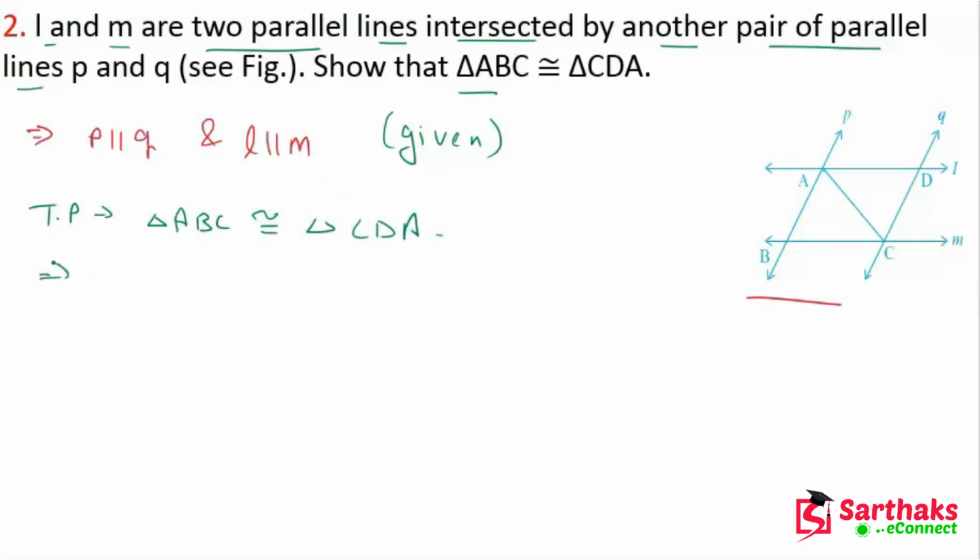So for proving this, in triangle ABC and triangle CDA, the first condition is angle BCA, meaning this angle, is equal to angle DAC, because they are alternate interior angles. And similarly angle BAC is equal to angle DCA.